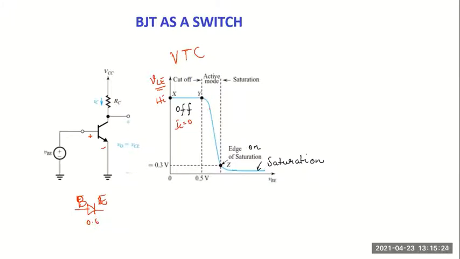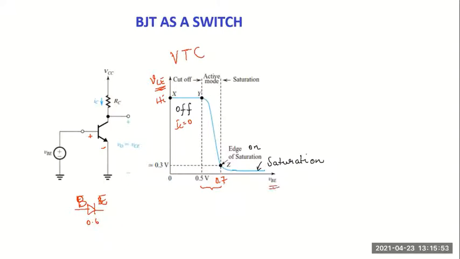This curve is falling, and there is a drastic change in the output voltage for a small change in input voltage. This can be from 0.5 to 0.7 volts, a very small range, but there is a drastic change in the output. The output voltage will go from maximum to minimum, and after 0.7 volts VBE.